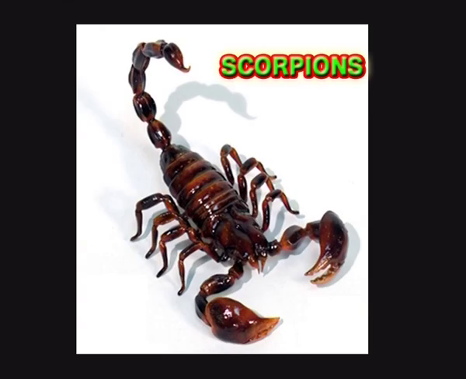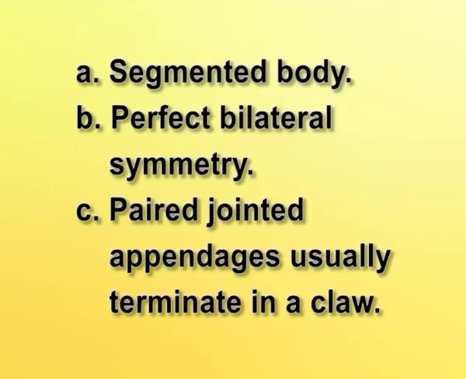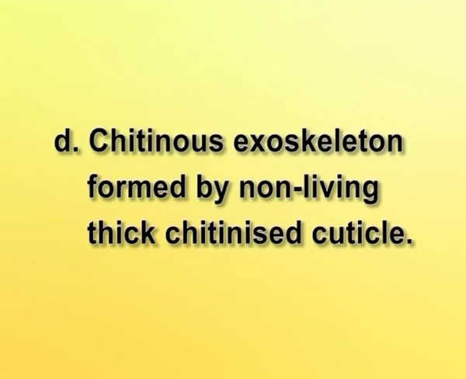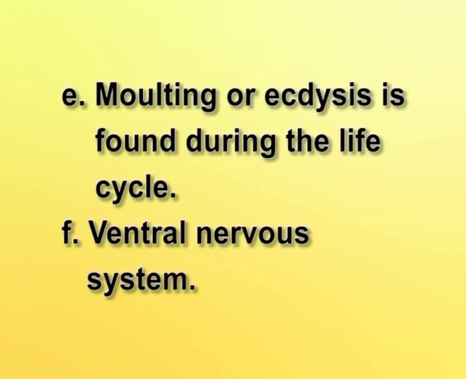come under this category. The arthropods possess segmented body, perfect bilateral symmetry, paired jointed appendages usually terminating in a claw, chitinous exoskeleton formed by non-living thick chitinized cuticle. Molting or ecdysis is found during the life cycle.